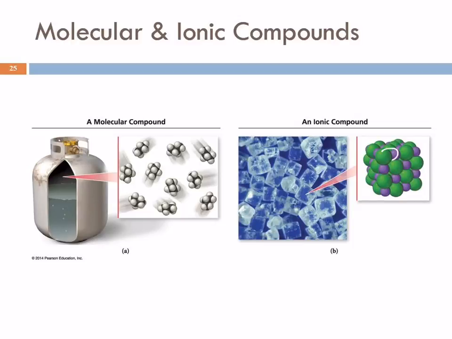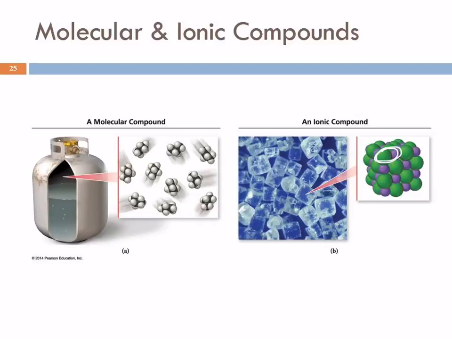You could say, well, these two are a formula unit, one of each. But there's not a bond just between this green one and the purple one. There's also an attraction between this green one and the purple one on that side, and the purple one on the bottom. Just like magnets, the attractions go in multiple directions.